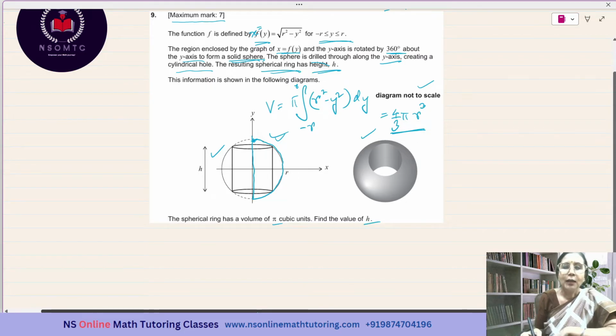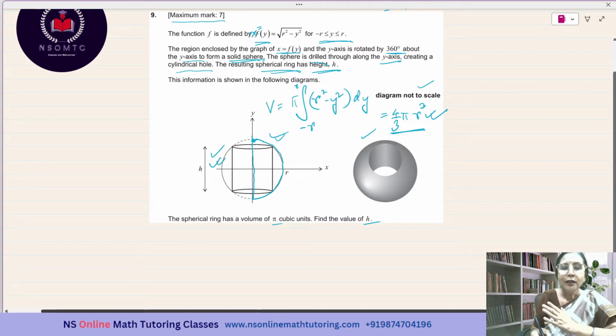Now, the very common mistake that students make is that they take the volume of the sphere formed using the volume of revolution formula, and from this volume of the sphere, they subtract the volume of the cylinder. They take the height of the cylinder as h.